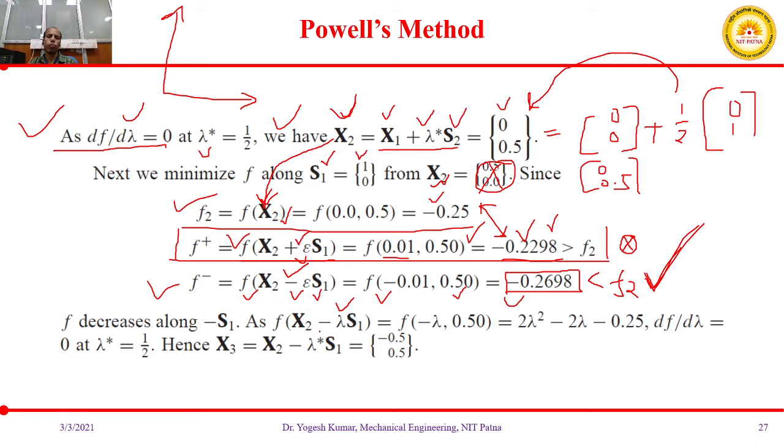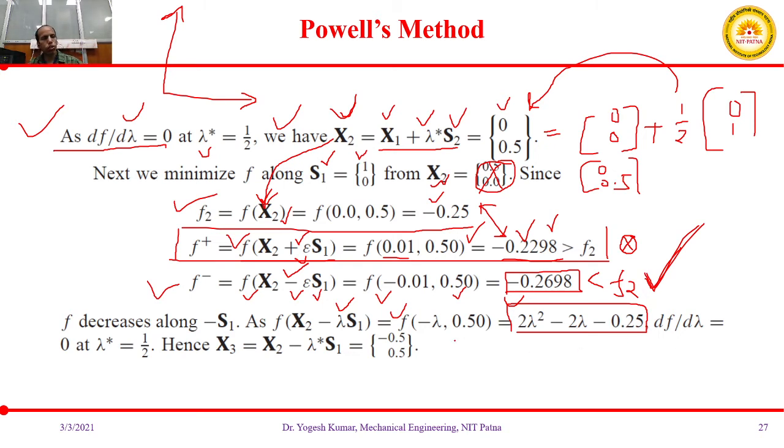Okay, so now your new function will be x2 minus lambda s1, which will be equal to minus lambda comma 0.50. So this is coming around 2 lambda square minus 2 lambda minus 0.25.